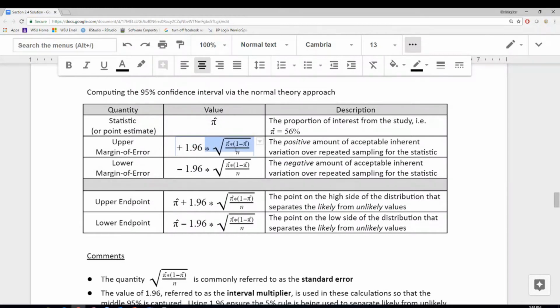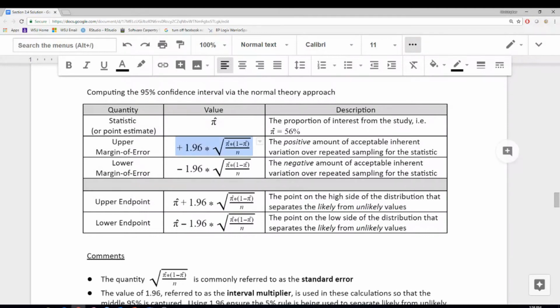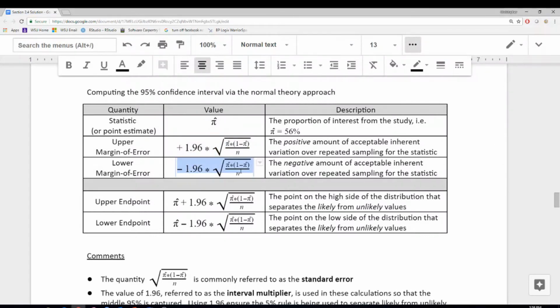This quantity, the square root of pi hat times 1 minus pi hat divided by n, is commonly referred to as the standard error. So this is how we obtain the positive margin of error. The negative margin of error is just going to be the opposite of that. So it's the same quantity just going in the other direction. So instead of having a positive sign here, we have a negative sign.